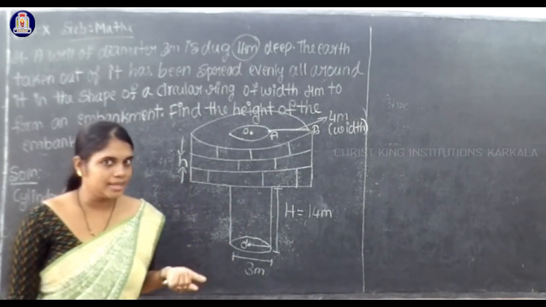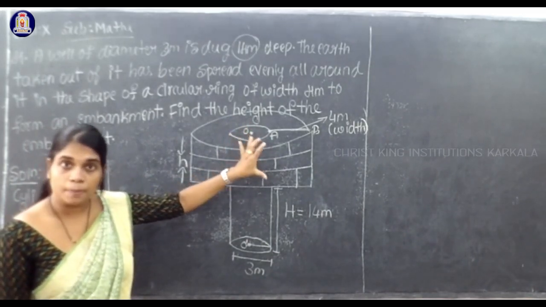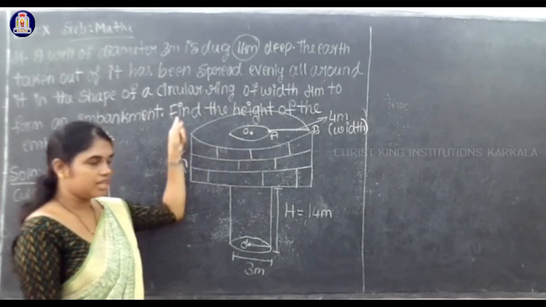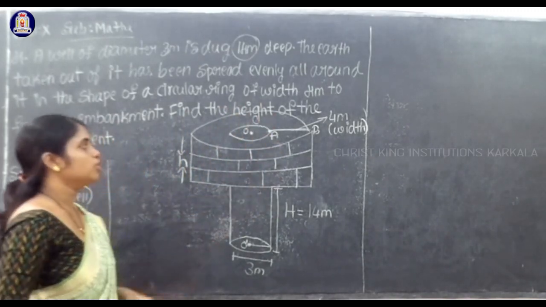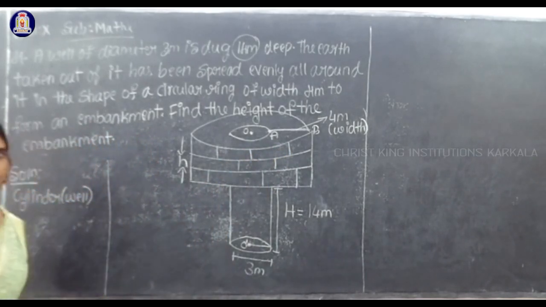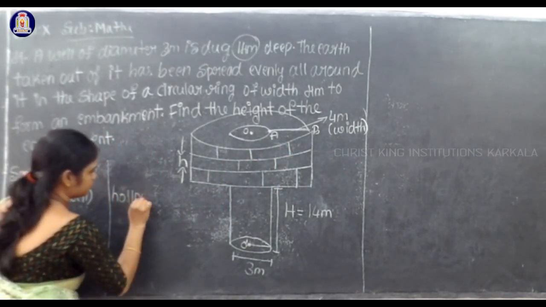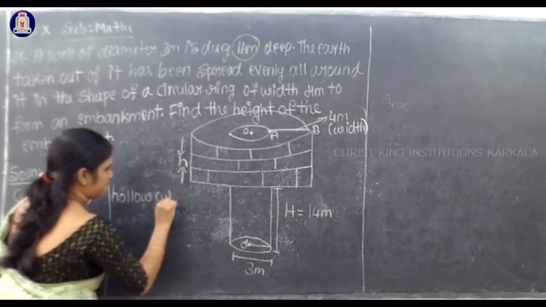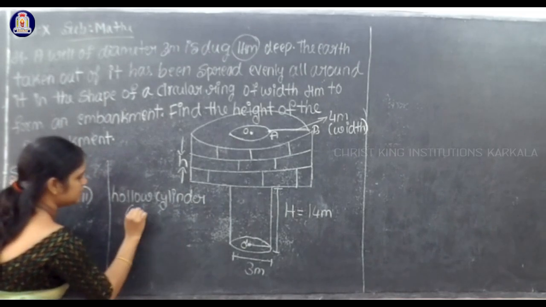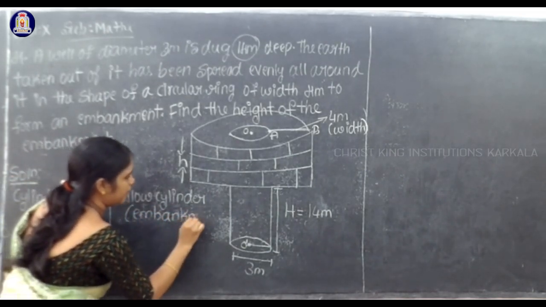Since it is a circular ring given, this embankment will be in hollow cylindrical shape. Here, hollow cylinder is nothing but embankment.